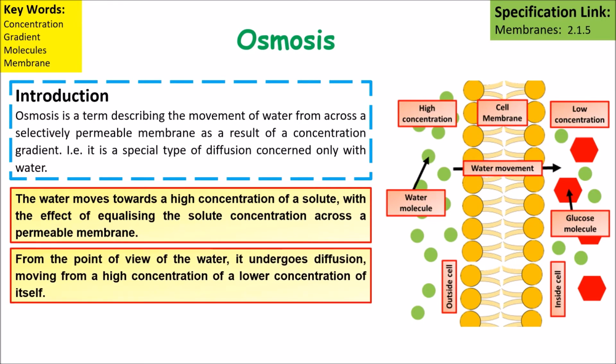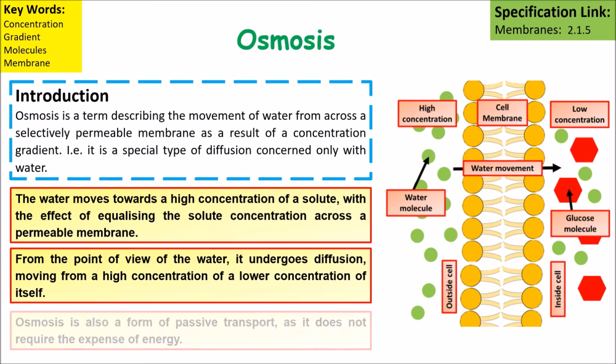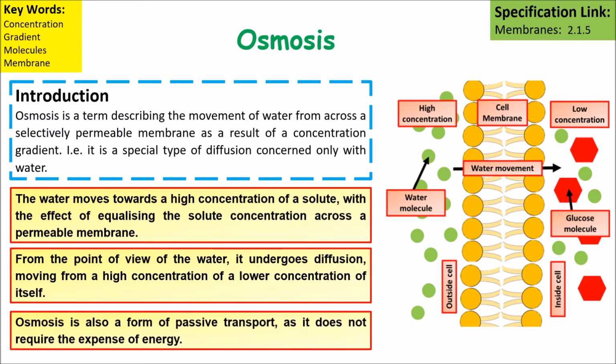From the point of view of the water, it undergoes diffusion, moving from a high concentration to a low concentration of itself. So osmosis is also a form of passive transport, as it does not require any energy to take place.